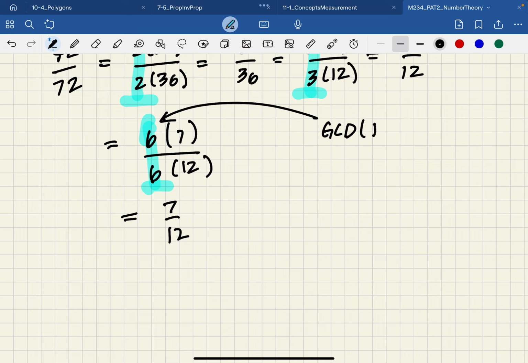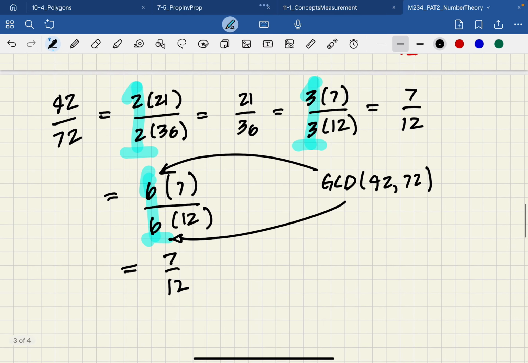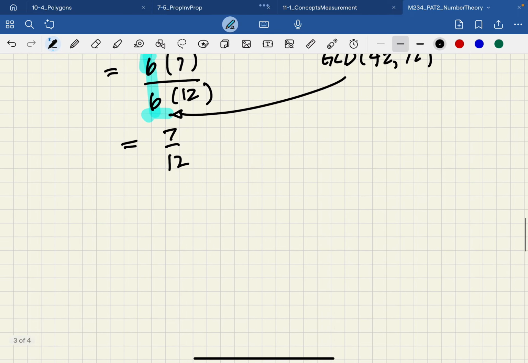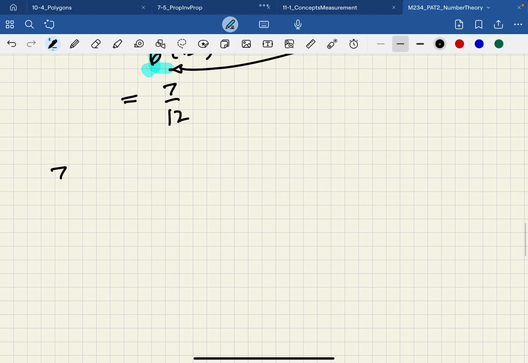The GCD of 42 and 72 is found there and there, right? So what we're effectively doing when we find the fraction written in lowest terms is canceling the greatest common divisor, which is one of the big reasons why we study it in elementary grades, because it's useful to us for fractions.